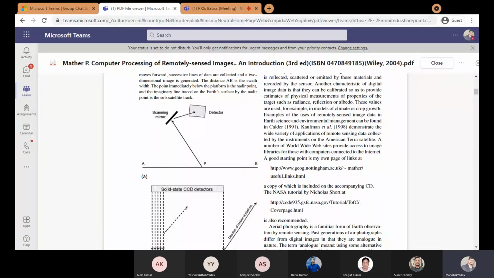It means the energy coming from the area around point P is sensed in the red band, in the near infrared band, and in the mid infrared band. Is it clear? So basically all the bands will collect individual data, individual energy.